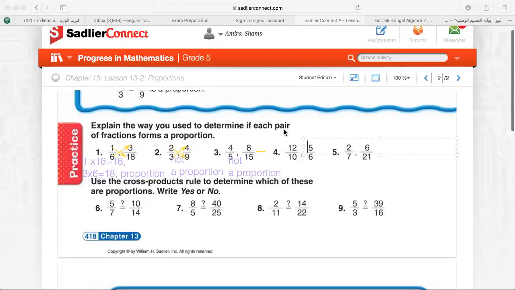Okay, let's take this one. Who will answer? Lamar, cross or simplifying? Simplifying. 5 and 6 are already simplified. Let's simplify 12 and 10. We will divide 12 and 10 by which number?